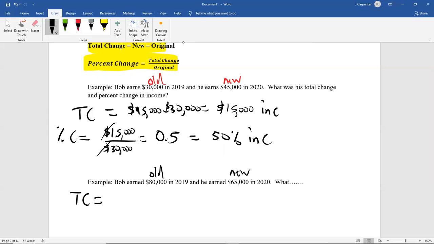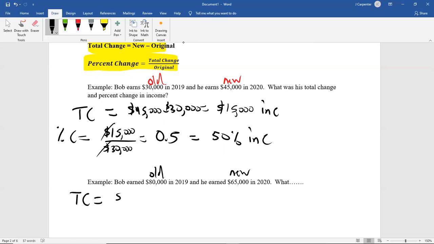So maybe Bob did something bad and he got a demotion, so he lost some of his pay. He got a pay cut. Or maybe Bob worked fewer hours, or maybe Bob just got a new job entirely, so he's making less money at this new job. Maybe he's only working half as long. I don't know. There's some reason this happened, but we're not focused on the reason. We're focused on the math and the reasoning with the math.